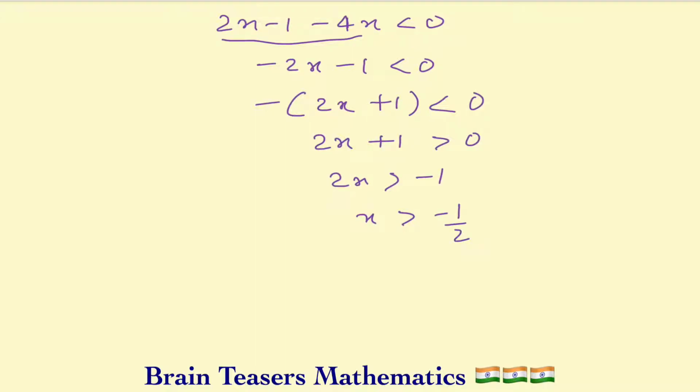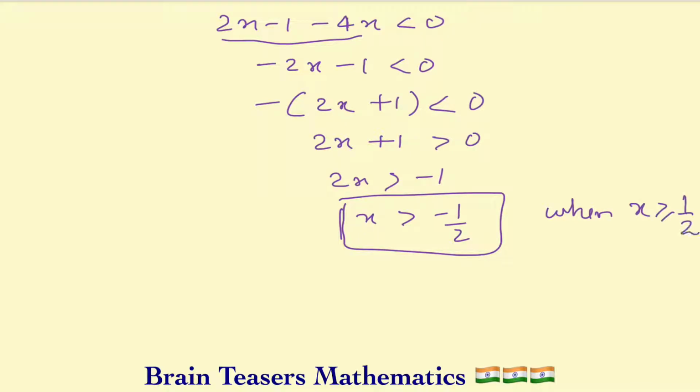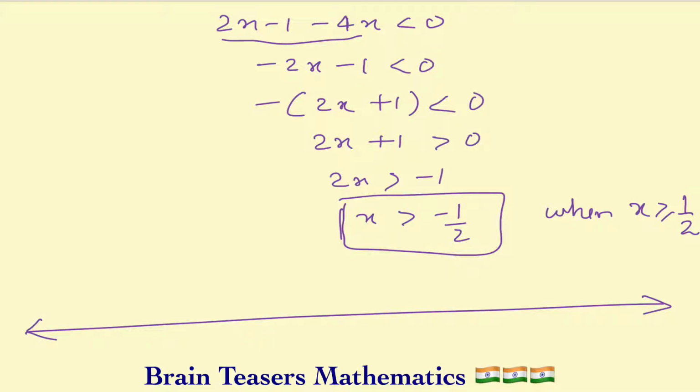We are also having x greater than or equal to 1 by 2, so we need to take the intersection of these two, because I have told you at the initial stage when to take the intersection.